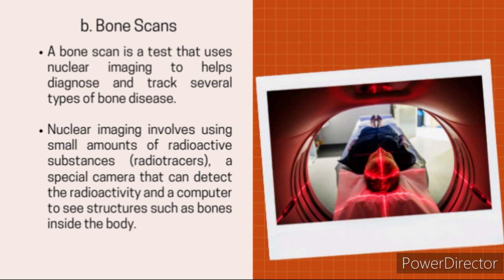Nuclear imaging involves using small amounts of radioactive substances, radiotracers, a special camera that can detect the radioactivity, and a computer to see structures such as bones inside the body. These are used to evaluate any degenerative or arthritic changes in the joints, to find bone diseases and tumors, and to determine the cause of bone pain or inflammation.